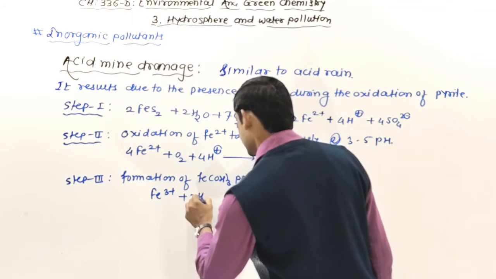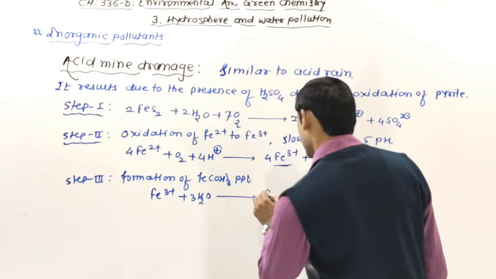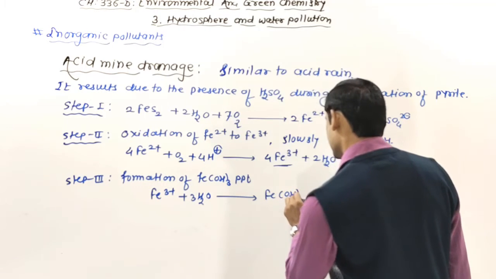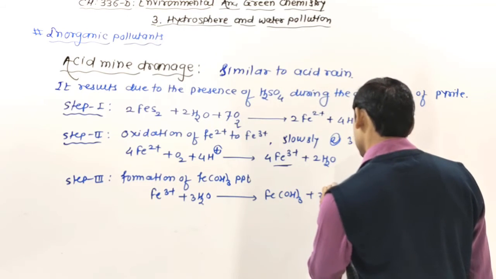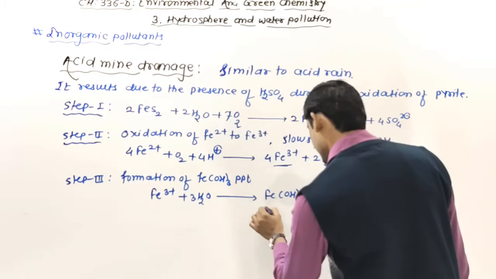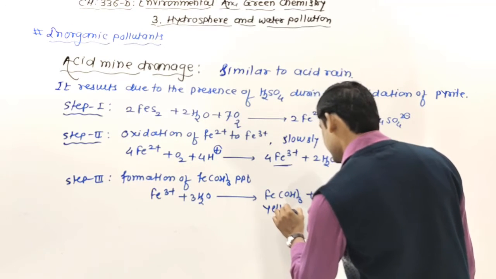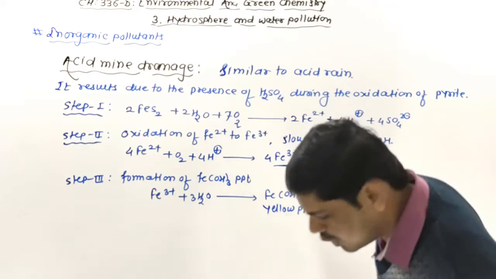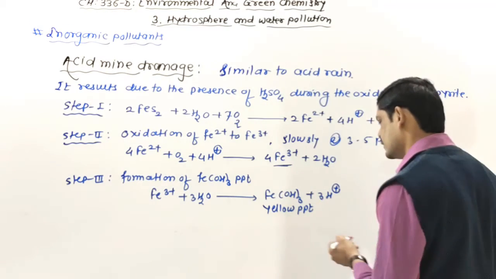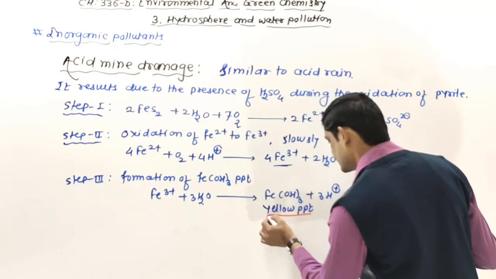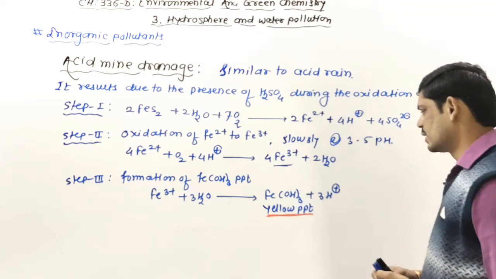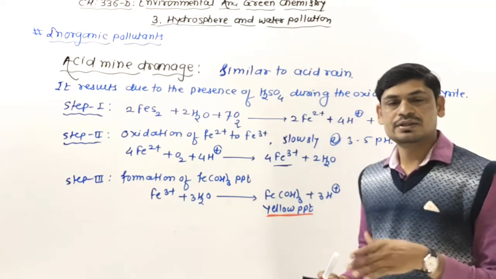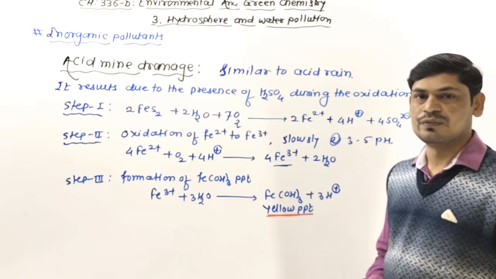Fe3+ reacts with thrice H2O. It gives a yellow precipitate of Fe(OH)3, and it forms a bed at the bottom of a stream of mine water.